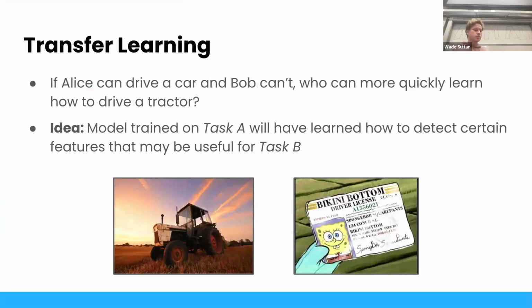We just take a related task, train the model on it, and it can probably do our task fairly well as well. Like this: if Alice can drive a car and Bob can't, who can learn more quickly how to drive a tractor? Probably Alice, right? Because car, tractor, they're different, but they're close enough.